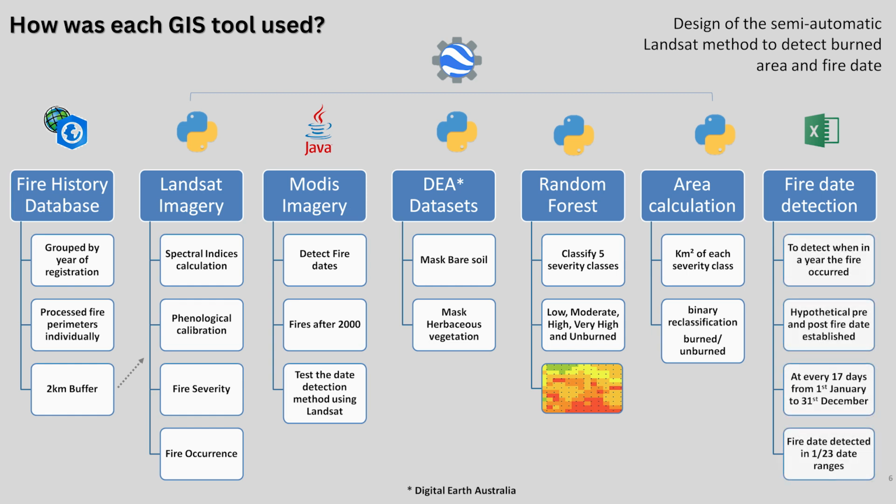And then I went through the fire date detection, which was a bit more complicated. Very briefly, to be able to detect the fire dates, I had to scan through the entire year.